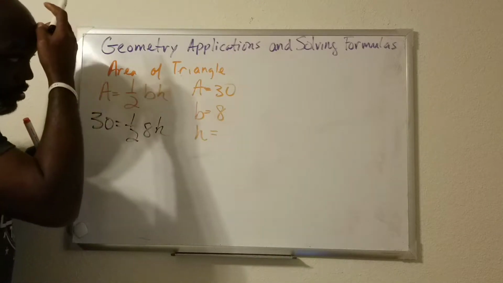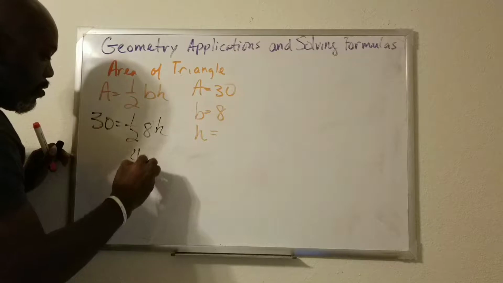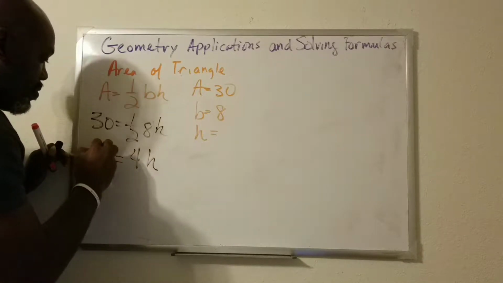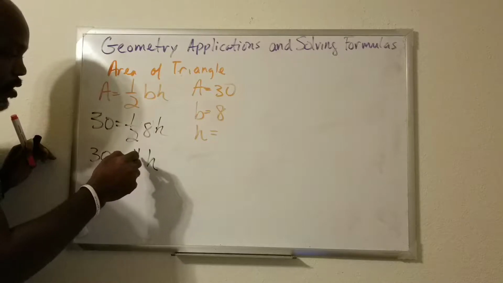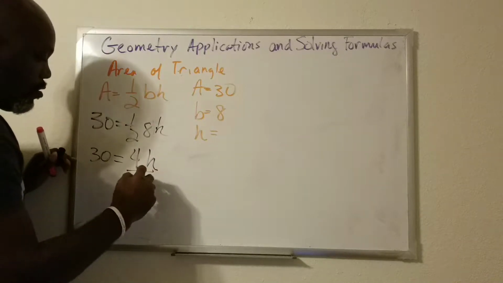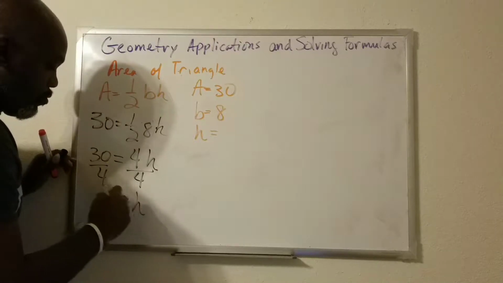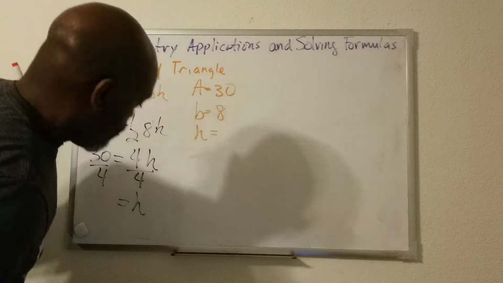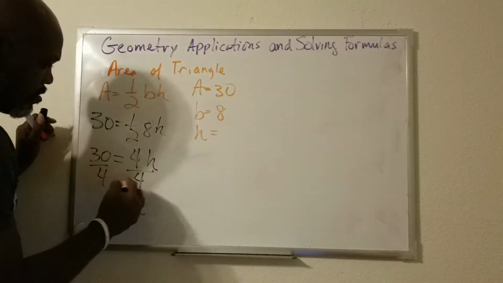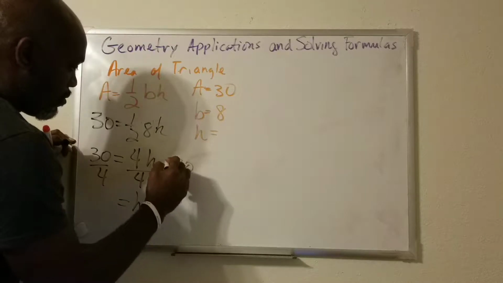So you have half of 8 is 4. Then it's saying 4 times what gives you 30. You divide both sides by 4. H equals 30 divided by 4. And 30 divided by 4 should be 7.5.